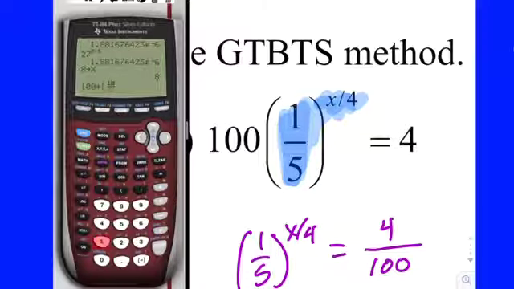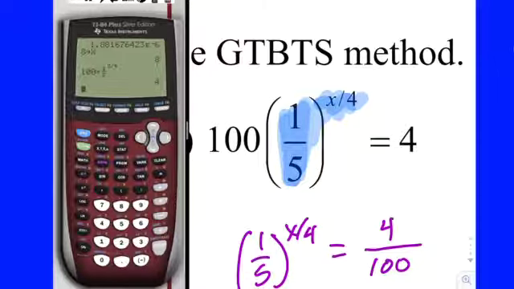So parentheses, 1 divided by 5, close parentheses, caret, and then we'll just hit x divided by 4. You don't have to worry about typing in an 8. 8 wouldn't be too bad because it's one keystroke. The previous problem was a negative number, so it would have taken 2 keystrokes each time. We get 4. And of course, if we plug it into the right side, there's nothing to plug into.